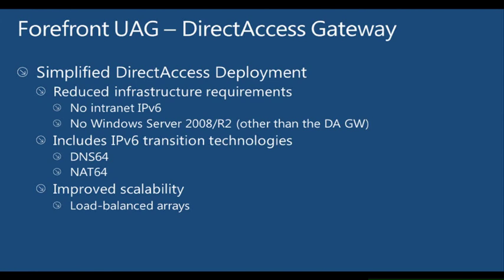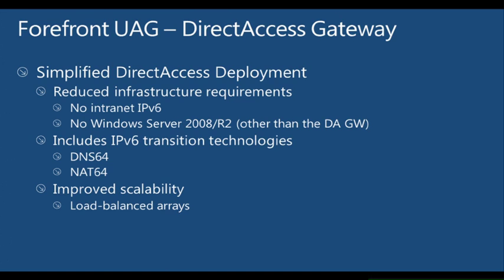So let's talk for a moment about DirectAccess and Forefront UAG serving as a DirectAccess gateway. DirectAccess is a feature of Windows Server 2008 R2. You can deploy DirectAccess today without Forefront UAG, but it has some fairly steep infrastructure requirements. It does require things like IPv6 to be running on your internal network, which not many people have today.